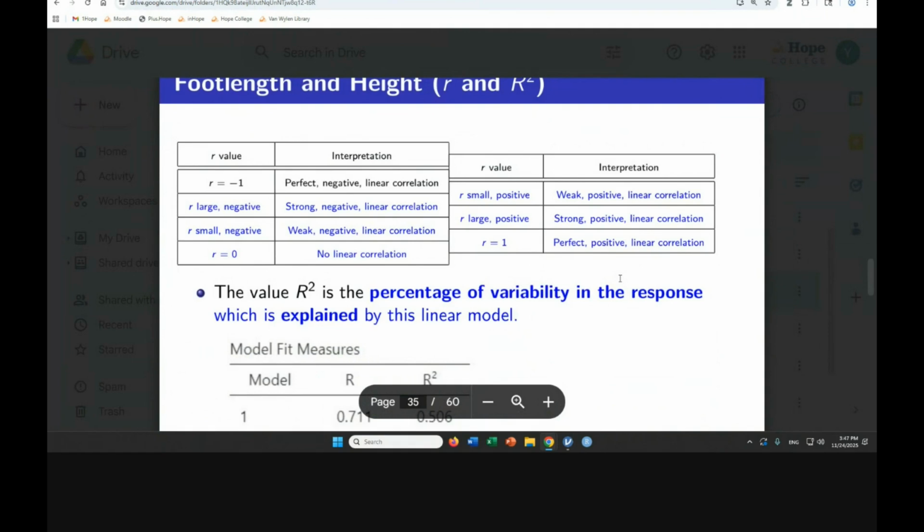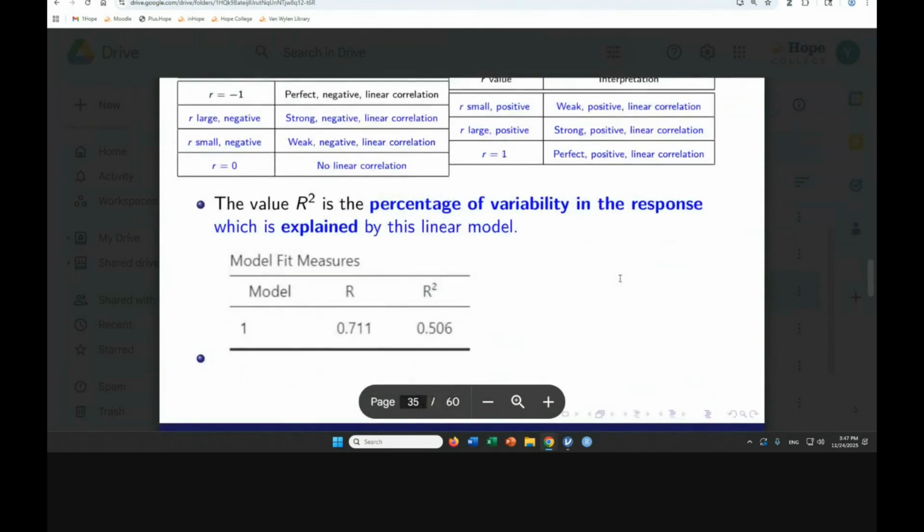So in this data set, R square, I repeat it here in Jamovi, R square was about 50%. That's a percentage. It means this model, 50% of what's going on with your height is explained by your foot length. Does that make sense? Foot length tells you about half of what's going on with your height, which is actually pretty good considering how many things affect your height.